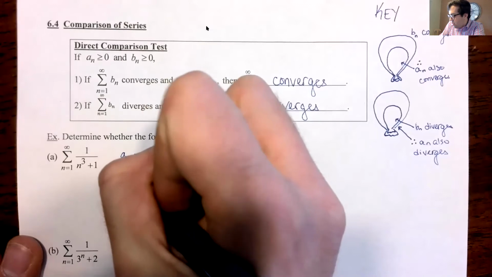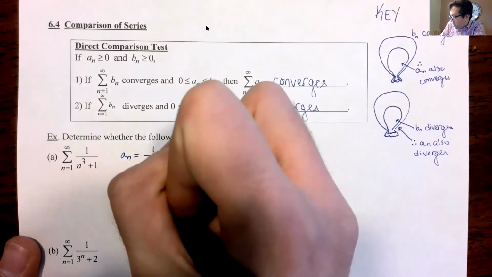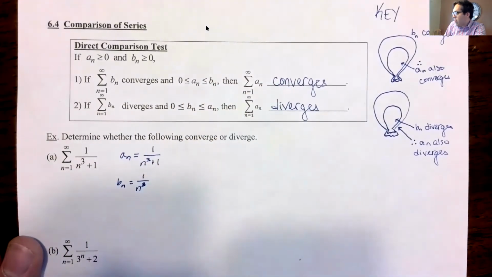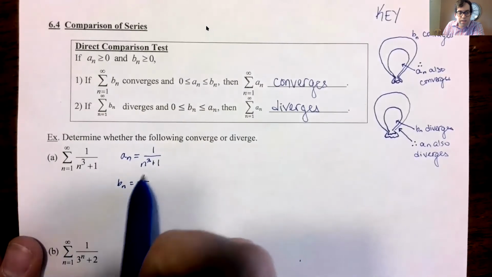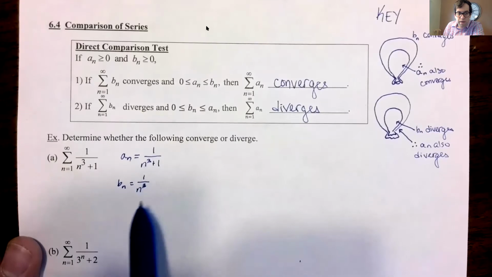And what I notice is, what if we drop off that plus 1 in the denominator and we just take a look at 1 over n cubed? That's now a p-series, right? If we wrote it with a sum, this would become a p-series. So we know how to find the convergence of that, and then maybe, just maybe, we'll be able to compare it to a sub n.